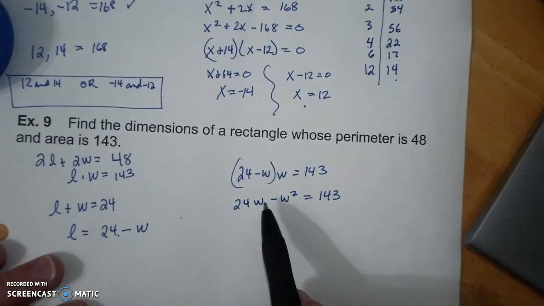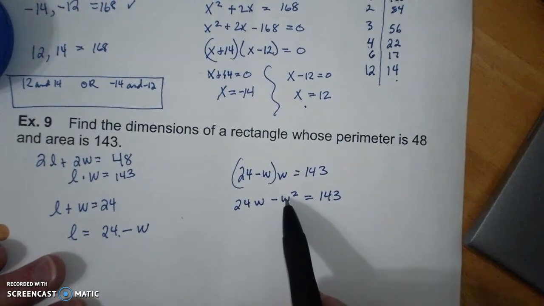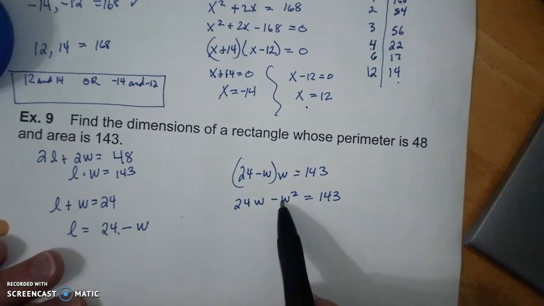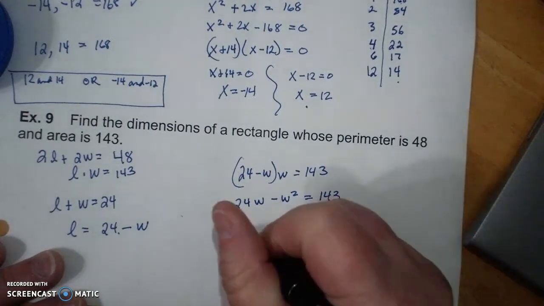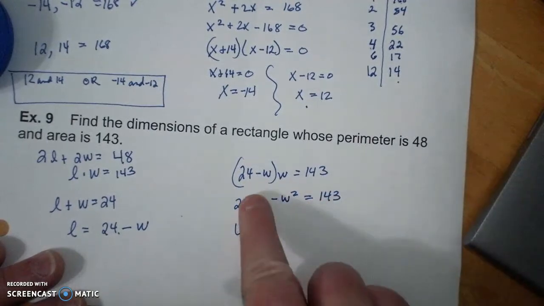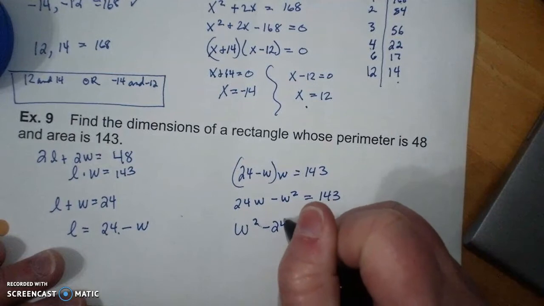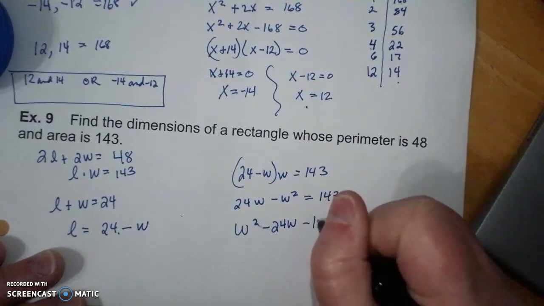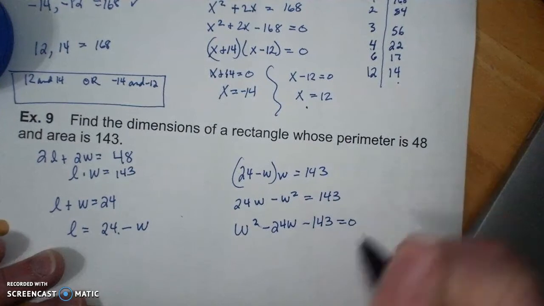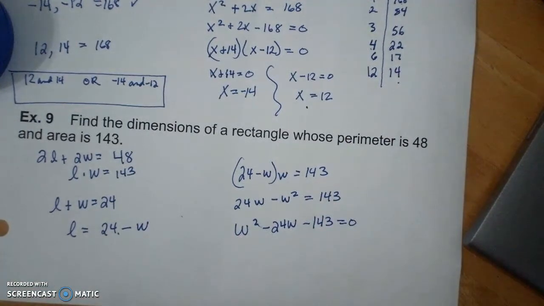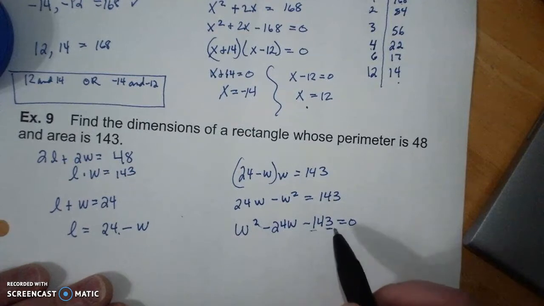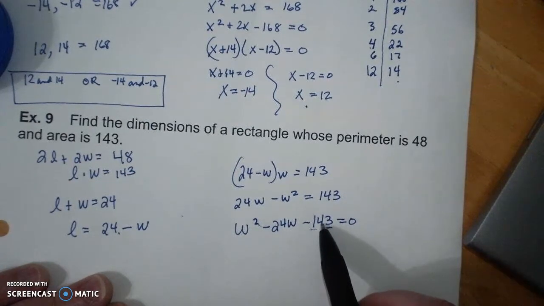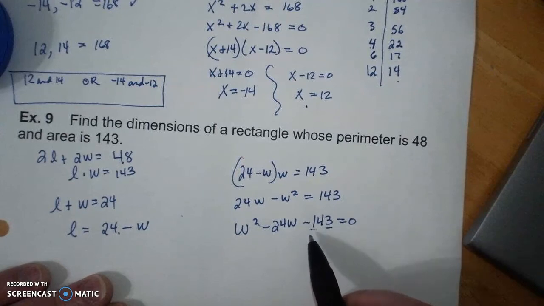Setting everything equal to 0. I always like to keep my exponent squared as positive, so I'm going to pull it this way, but this way also works. W squared, pull him over, minus 24W, pull him over, minus 143 equals 0. Now here's something that you might recognize in number sense. If you have a 3-digit number and the outer digits, when you add them, become the middle number, that means it's an 11.